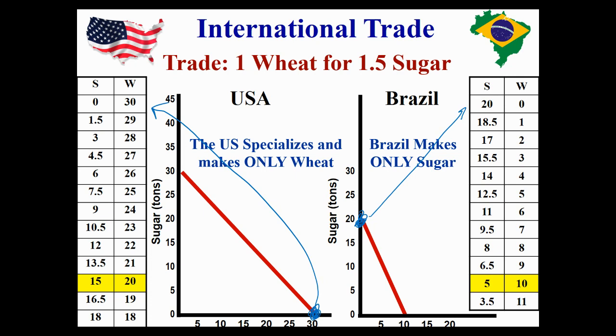They're going to trade 10 wheats for 15 sugars, because they started with 30 and they're down to 20, but they got the 15 sugars. So if we were to graph that, the US will be at 20, but they'll be at 15. Wheat's on the bottom, right? Yeah. They'll be able to consume out here. And for Brazil, if they were at 5, they'll be able to consume out here.